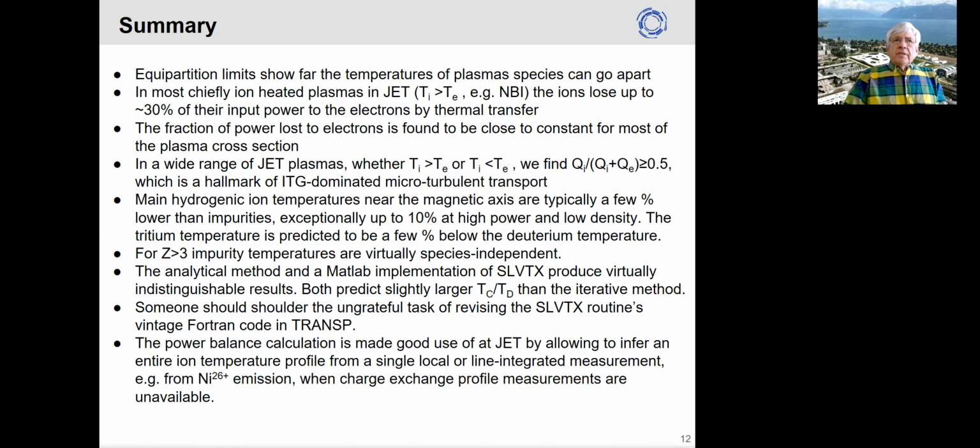The analytical method and the MATLAB implementation of SLVTX produce virtually indistinguishable results. Both predict slightly larger impurity to main ion temperatures than the iterative method. Someone should actually have a look at the SLVTX routine, which is used in TRANSP, and correct it.